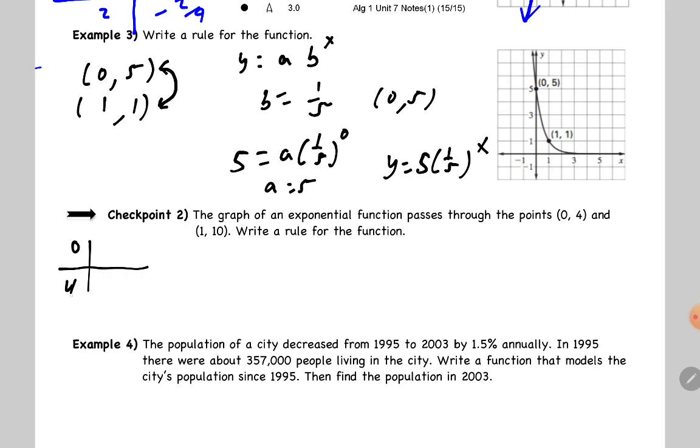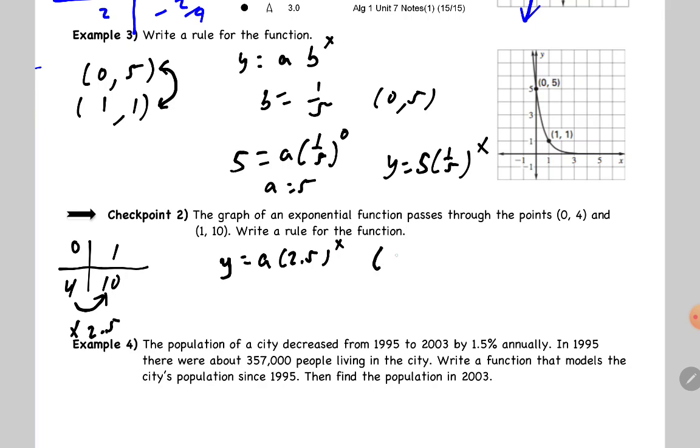So we have 0, 4, 1, 10. How do we get from here to here? We multiply by 2.5. You can find that out by doing 10 divided by 4. So our b value is 2.5. So y equals a times 2.5 to the x.